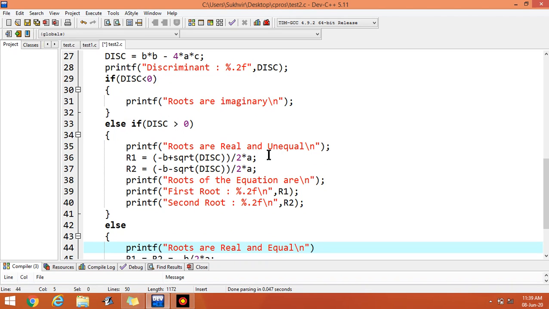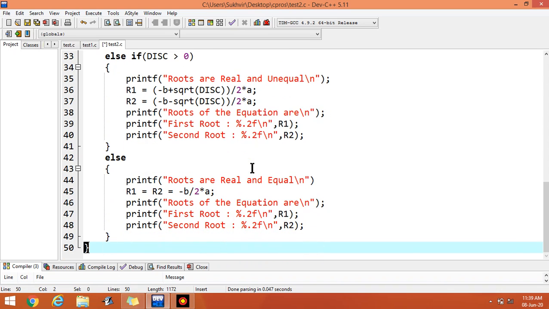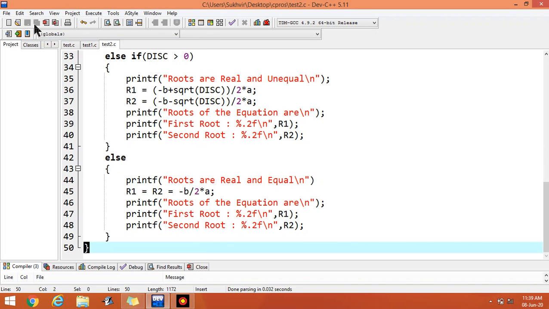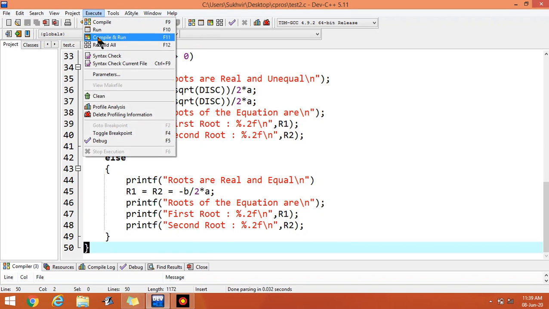If greater than 0, roots are real and unequal, then apply the formula. The third condition is if the discriminant is 0, then the formula is minus b divided by 2a. Then printing of r1 and r2. Let us save the program first of all, then execute.